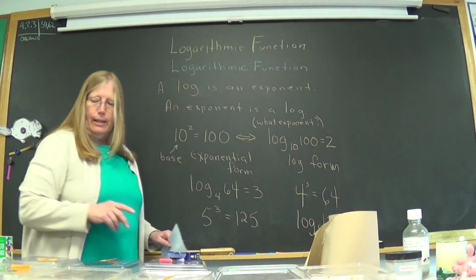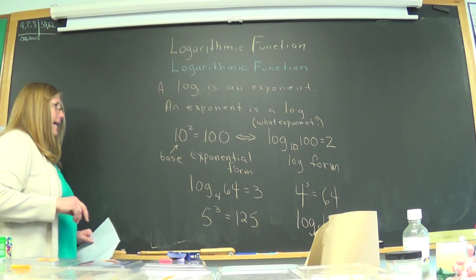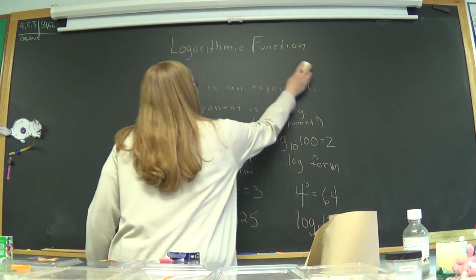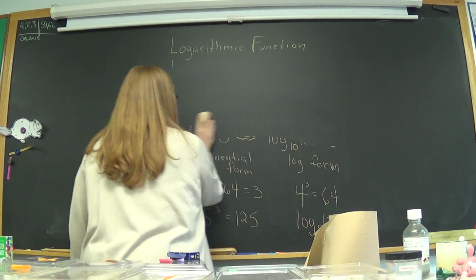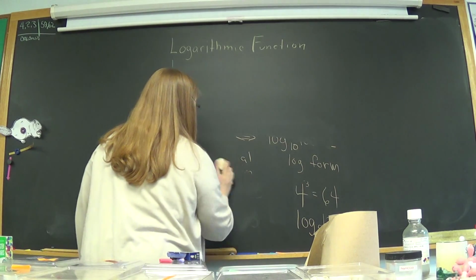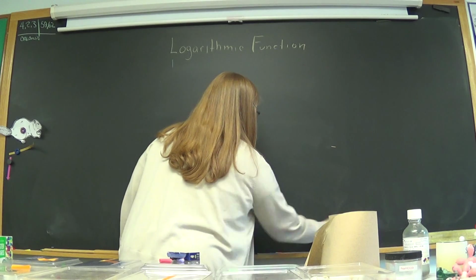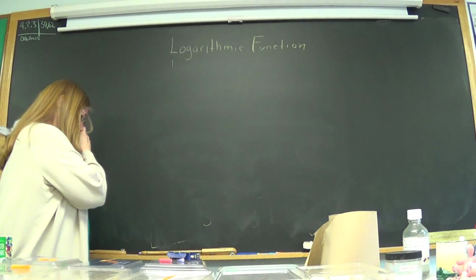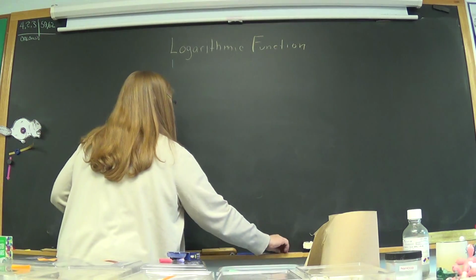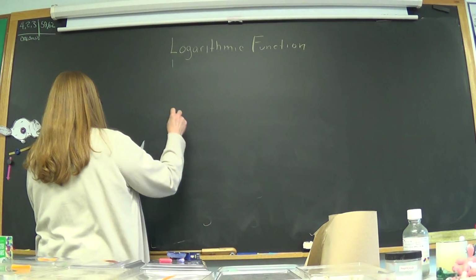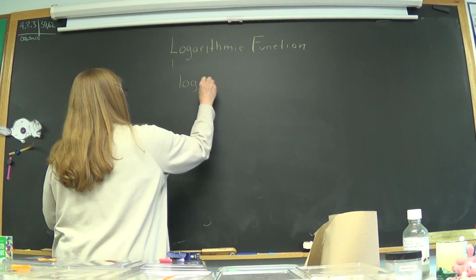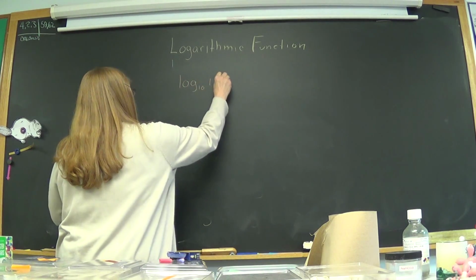All right, let's get even more basic than that. It's talking about logarithms in general, and actually how to calculate a logarithm. What if I said to you, I already gave you this one, log to the base 10 of 100 is 2.